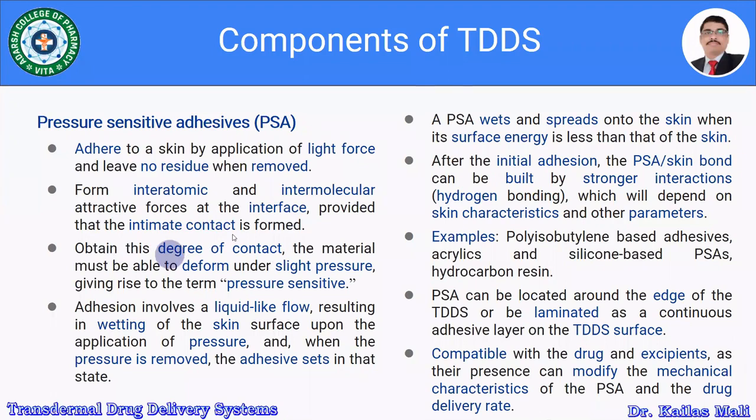To obtain this degree of contact, the material must be able to deform under slight pressure. So when we apply pressure, the PSA should deform, giving rise to the term pressure sensitive. The adhesion involves a liquid-like flow resulting in wetting of the skin surface upon the application of pressure, and when the pressure is removed, the adhesive sets in that state.